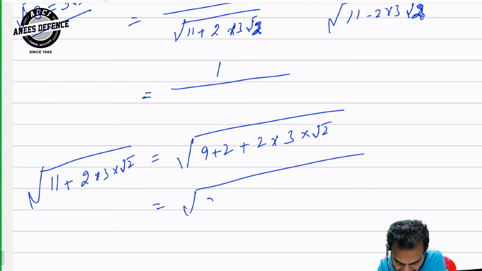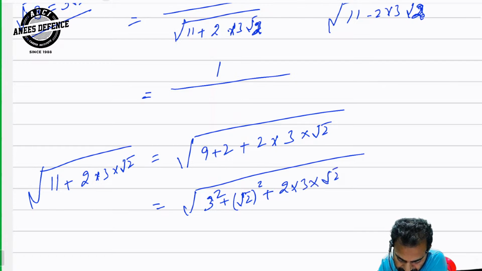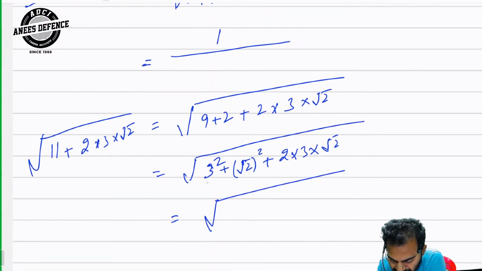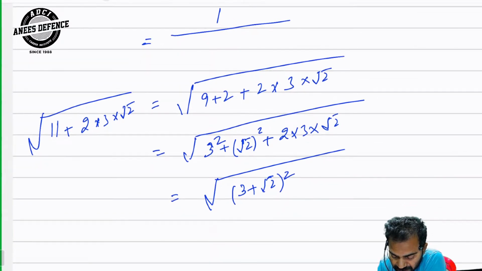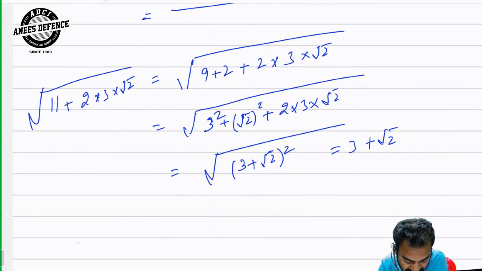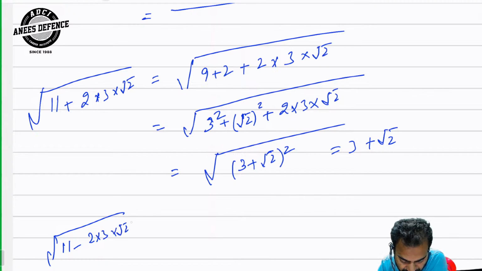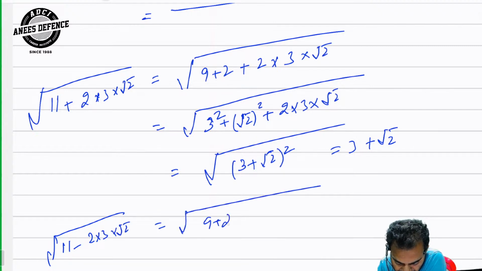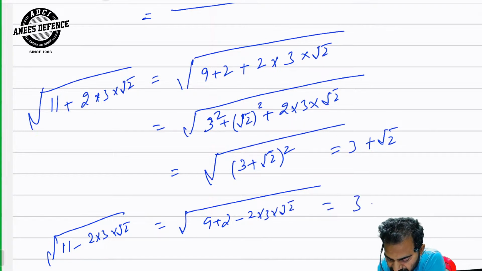So it will be 9, that is 3 square, root 2 square, plus 2 into 3 into root 2. So a square plus b square plus 2ab inside the square root, so it will be 3 plus root 2 whole square. This will be 3 plus root 2. Similarly 11 minus 2 into 3 into root 2, 9 plus 2, we will find this is 3 minus root 2.